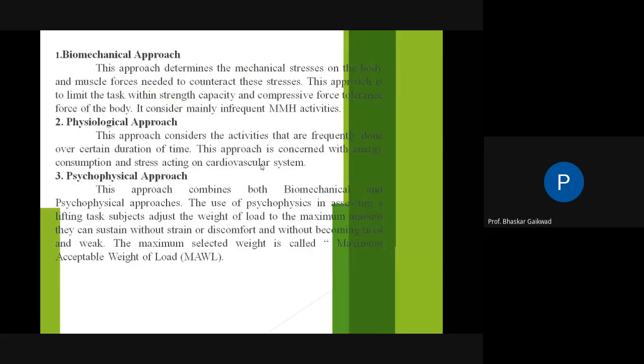Here is the same description. You have to remember only the biomechanical, then physiological, then psychophysical approach. These three approaches you need to think over for material handling by man.